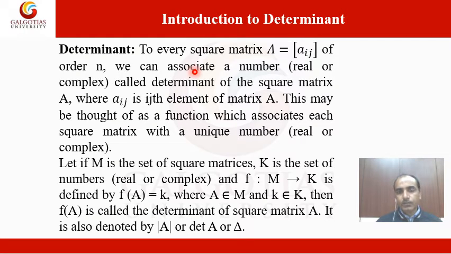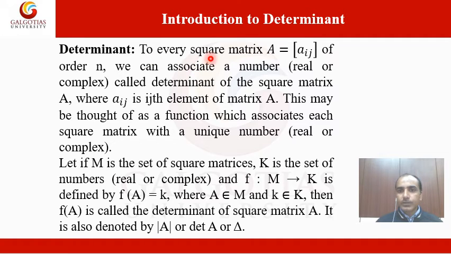Now let us discuss our today's topic in mathematical terminology, and our today's topic is the determinant. As we know, every square matrix is associated with a unique number, and this number, real or complex, is known as the determinant of the square matrix.